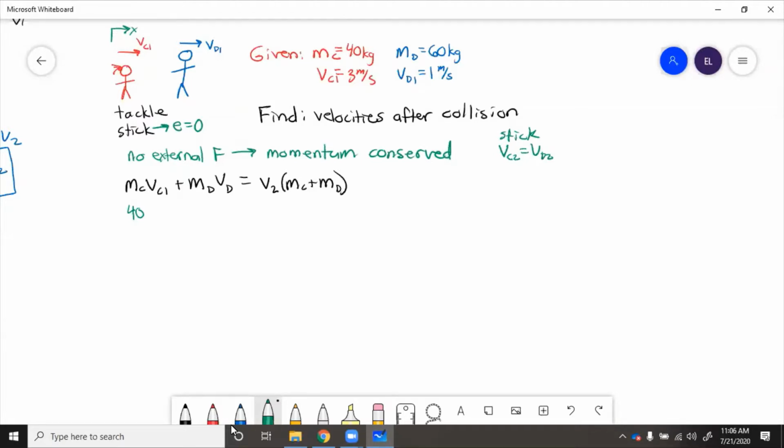So 40 times 3 plus 60 times 1 equals V2 times 40 plus 60. 120 plus 60 equals 180 equals 100 V2, 1.8 meters per second equals V2. And this is to the right.